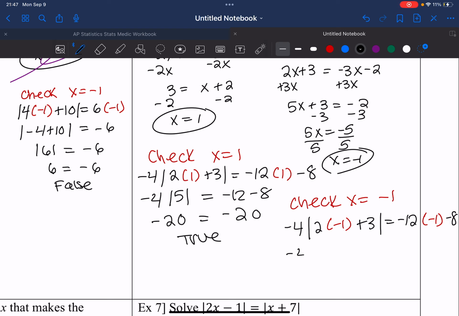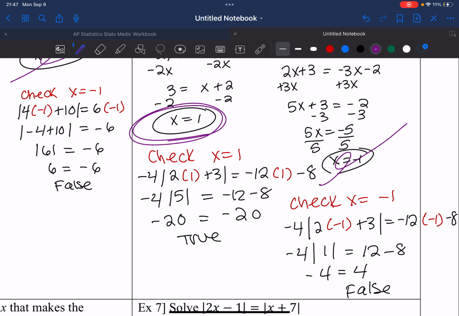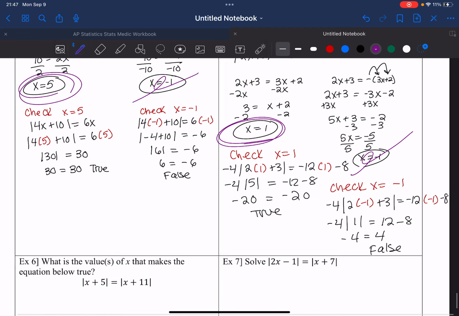So I have negative 4 absolute value of 2 times negative 1, which is negative 2, plus 3, which is 1, is equal to 12 minus 8. So we have negative 4 is equal to 4, which is a false statement. So that tells us x equals negative 1 is not an answer, and our only answer here is x equals 1.